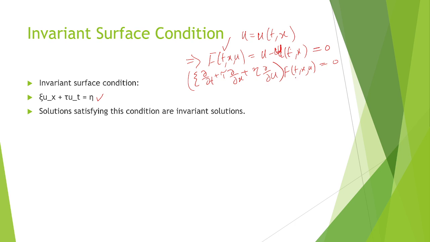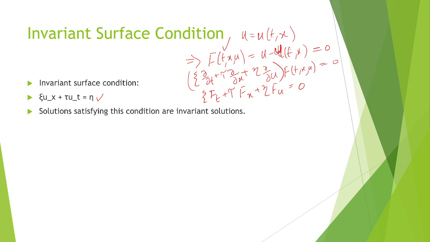The surface is invariant under this generator. So what it does: xi f_t plus tau f_x plus eta f_u, derivative, equal to 0.